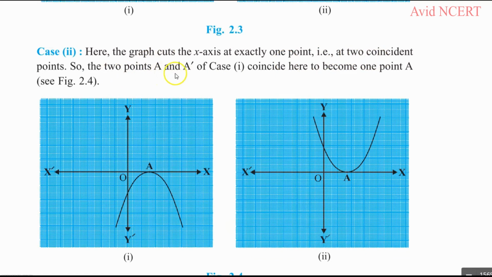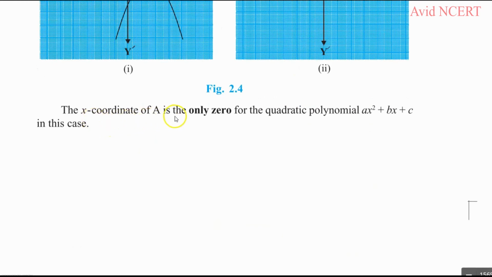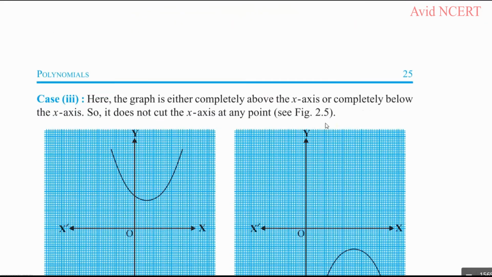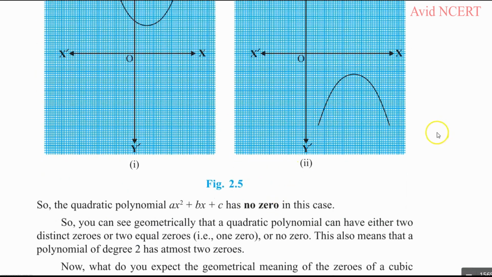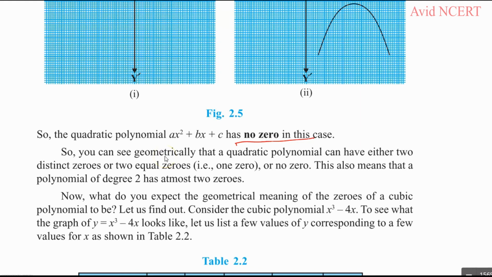So the 2 points A and A dash of case 1 coincide here to become one point A. So the x coordinate of A is the only zero of the quadratic polynomial ax square. There is a third case. Here the graph is either completely above the x-axis or completely below the x-axis, which means there is no zero in this case. So this is the main important point.